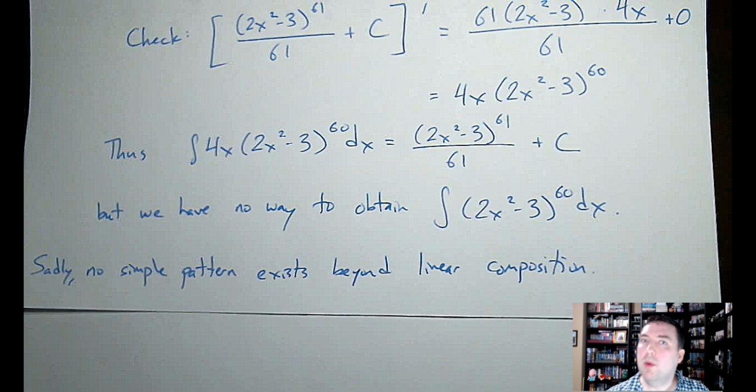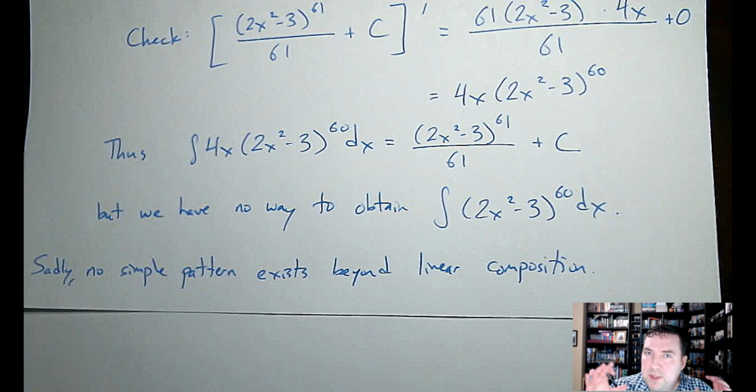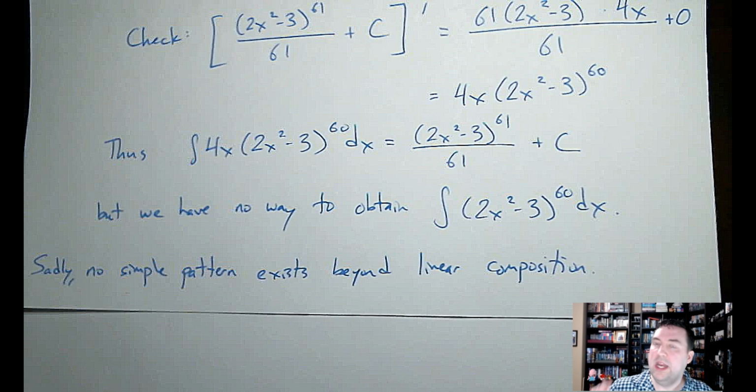And so this is what we're going to spend a lot of Math 1001 talking about: different techniques which will target specific forms of integrals. So if integrals look like such and such a thing, we're going to come up with a technique that may let us evaluate those types of integrals. And then we're going to come up with a different technique for a different form.